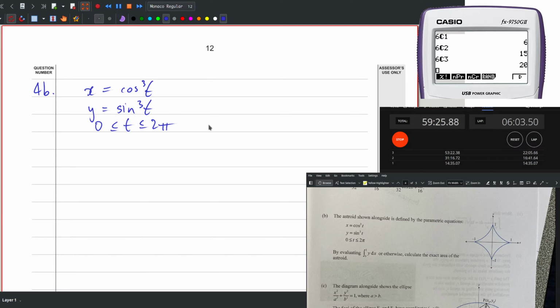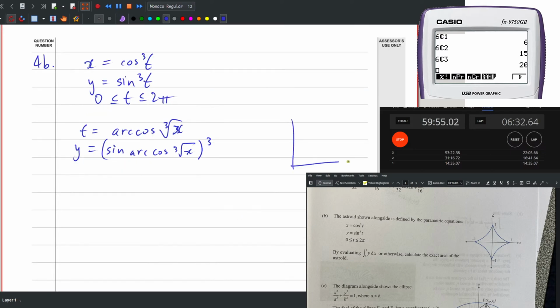Are you just meant to go t equals arc cos of... wait, actually, no. This might actually work. t equals arc cos of cube root of x. Alright, and then y equals sine of arc cos cube root of x, cubed. And then what is sine of arc cos, right?